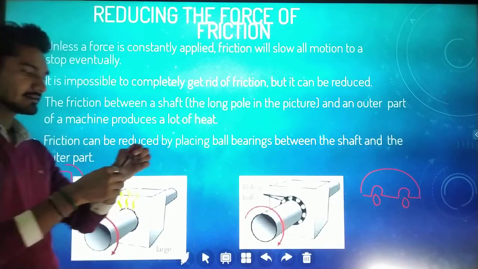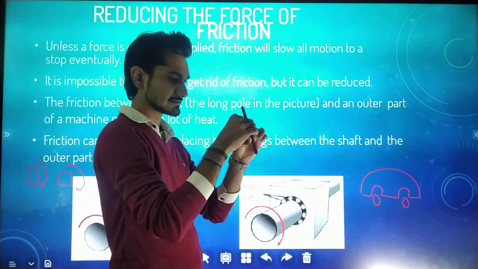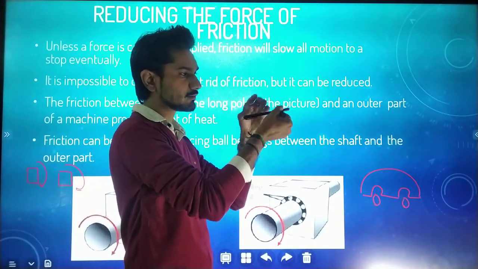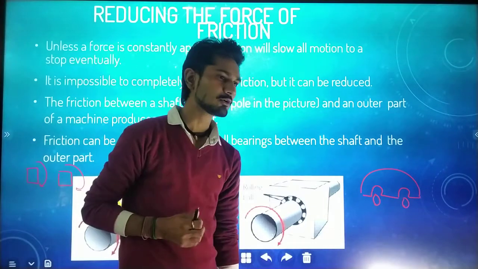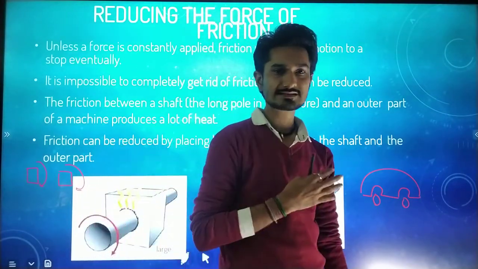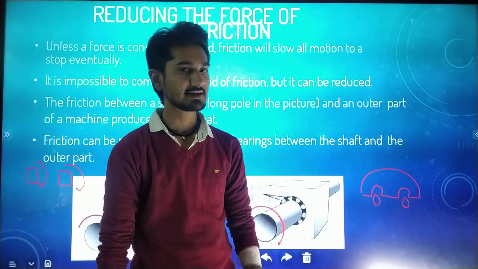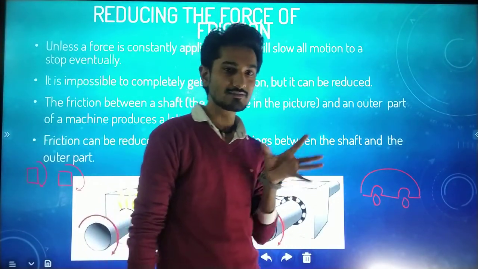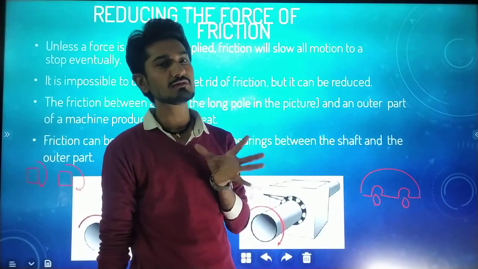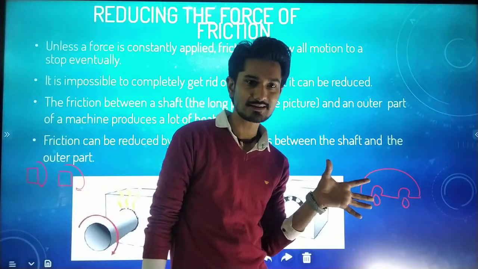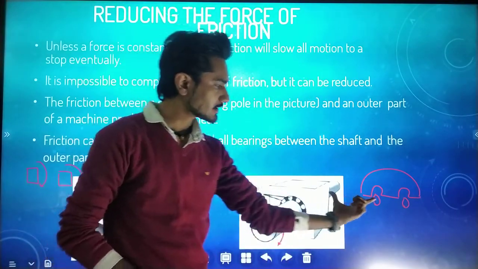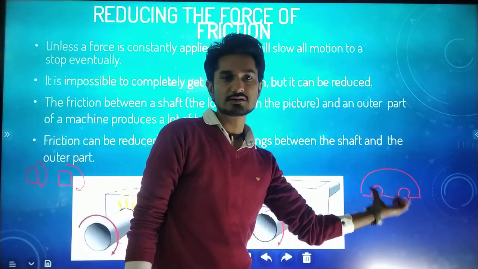It will rotate like this, and due to that the car cannot move faster in the forward direction. So if it needs to move at a faster rate, or if we want to cover much more distance at a faster rate, what do we have to do?